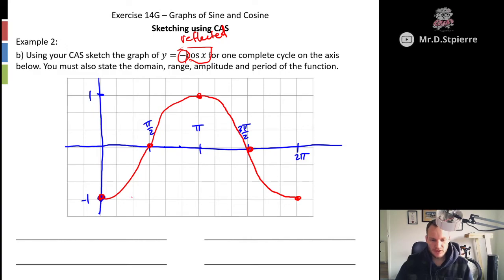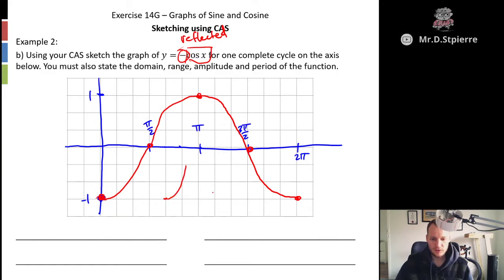One trick with sketching cos and sine graphs is, at the maximums and minimums, which you could consider almost a turning point, don't start instantly going up. Technically the graph does go up, it's just that at that point it is perfectly horizontal, and then starts going across.